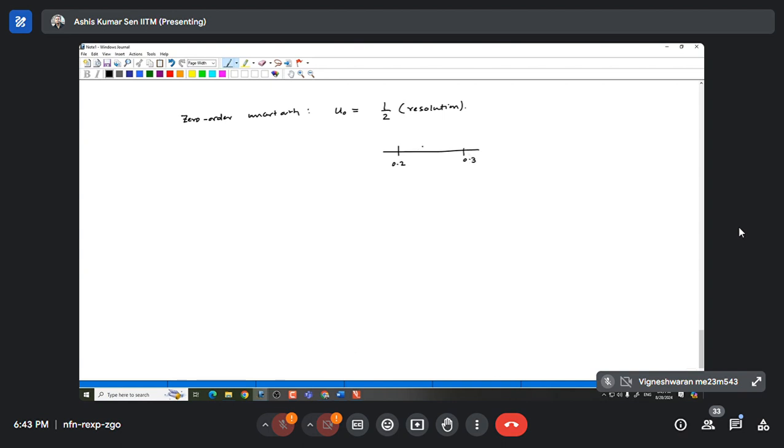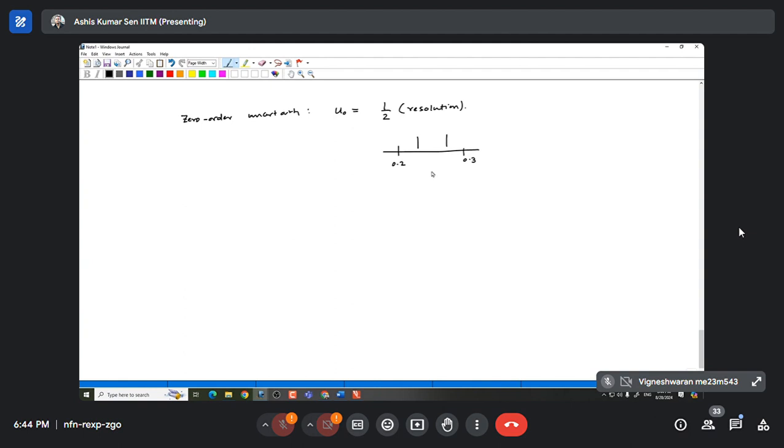Now, if you measure length of a structure, and the structure is lying somewhere in between, somewhere here or here, so if you want to know what is the zero order uncertainty of this instrument, or how it will affect your measurement, the zero order uncertainty will be basically half of the resolution. So here resolution is 0.1, so zero order uncertainty should be 0.05.